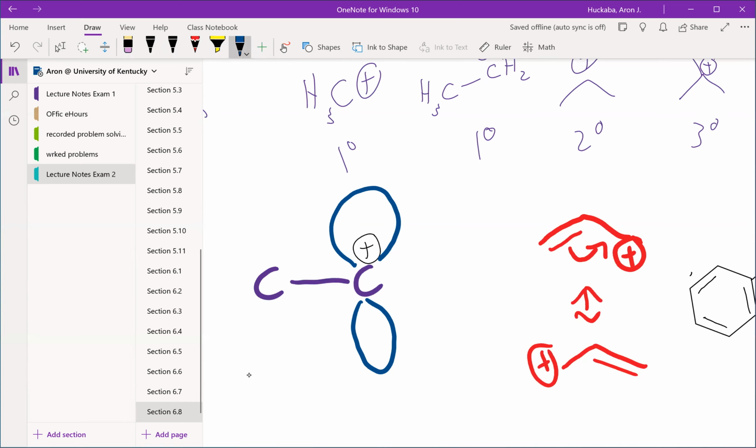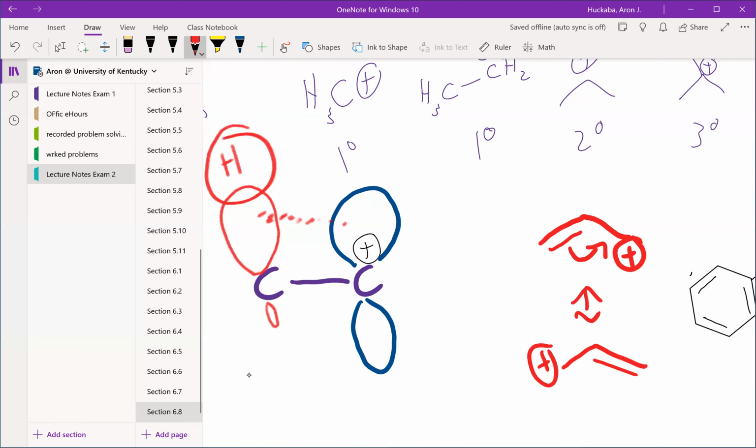But the carbon next to it is bonded to something using an sp3 orbital, right? So maybe it's a hydrogen over here doing the bonding. But there is some overlap between these two. There isn't perfect overlap, because if you remember, the sp3 orbitals are tetrahedral, and the p orbitals basically sit right above the carbon.